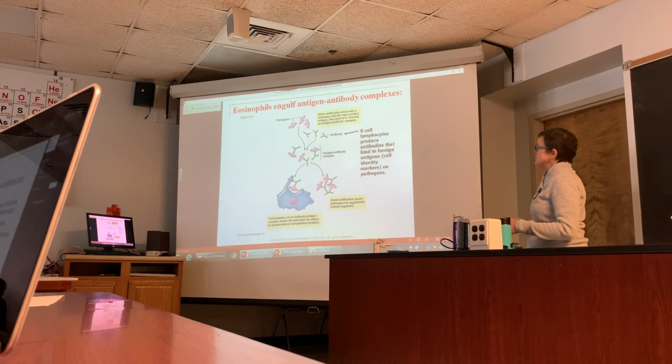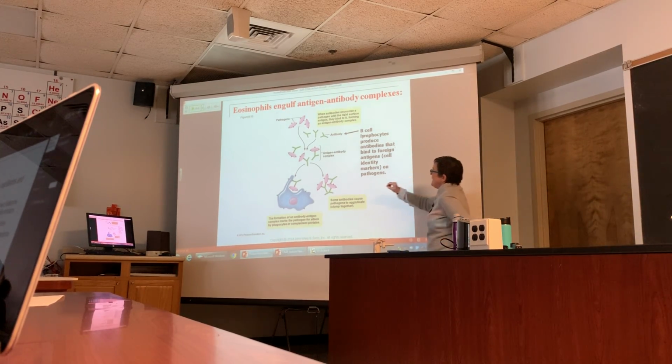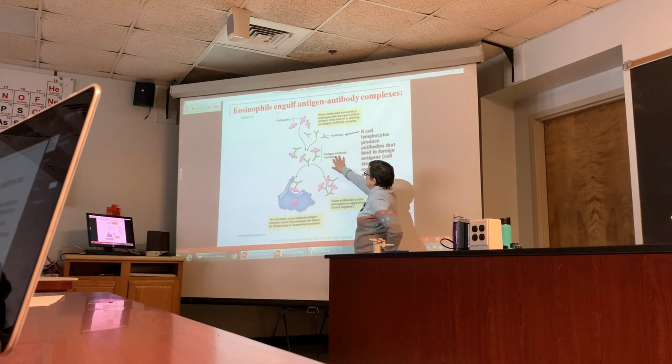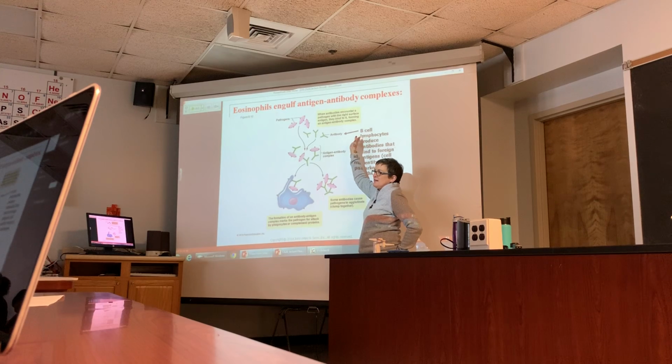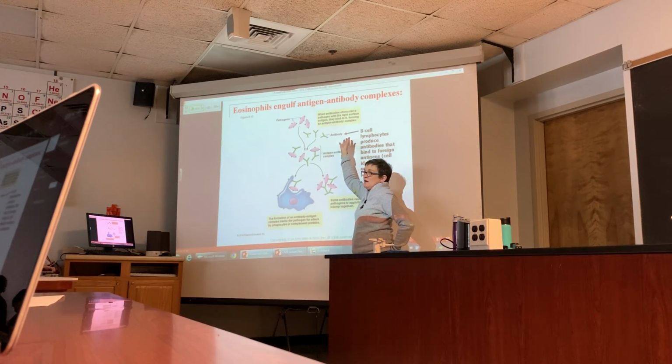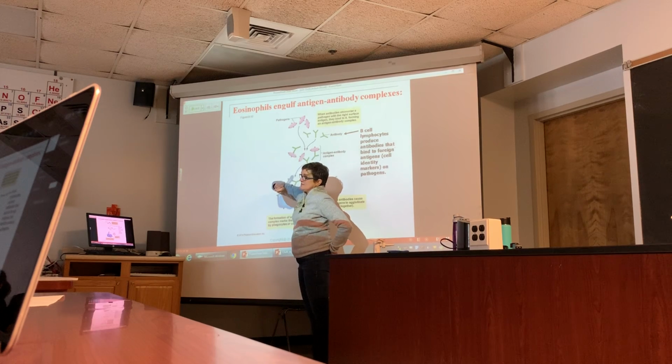Now, in terms of phagocytosis, we're going to talk more about this picture in a minute, but what we mean by an antigen-antibody complex, we're going to talk about lymphocytes in a little bit. B cell lymphocytes are a white blood cell that produce antibodies against pathogens.